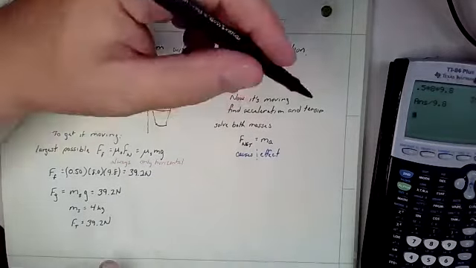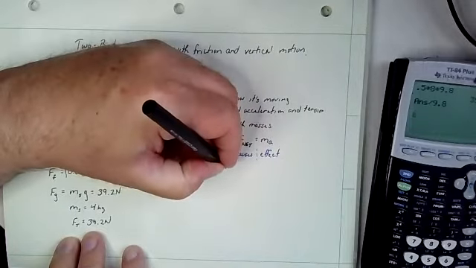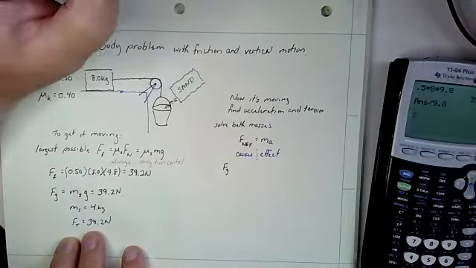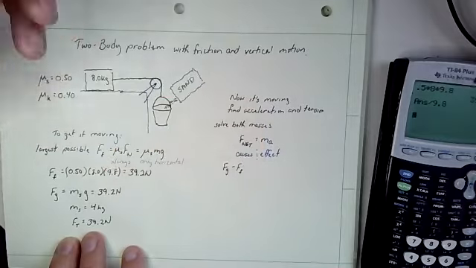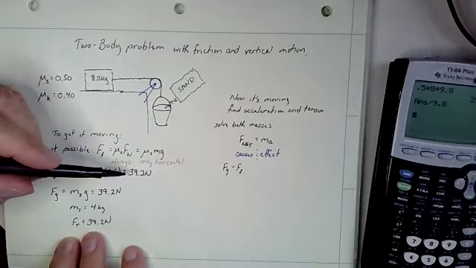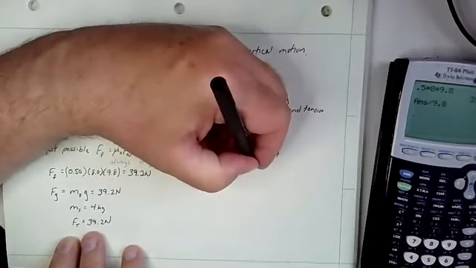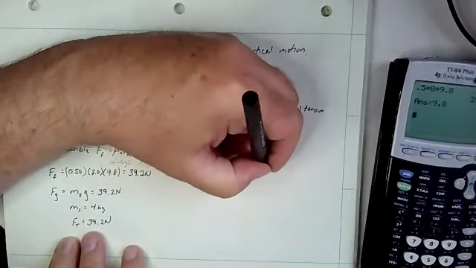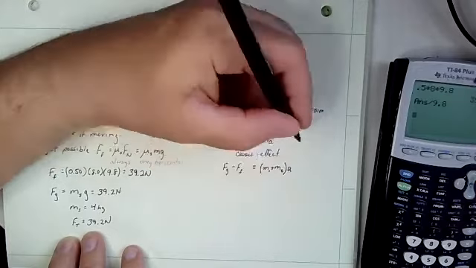So the cause of the motion is that the weight of the sand, which is 39.2, is making this move, but it's being held back by friction. Now the friction is no longer 39.2, it's going to be slightly less. And that's going to cause both masses to accelerate.